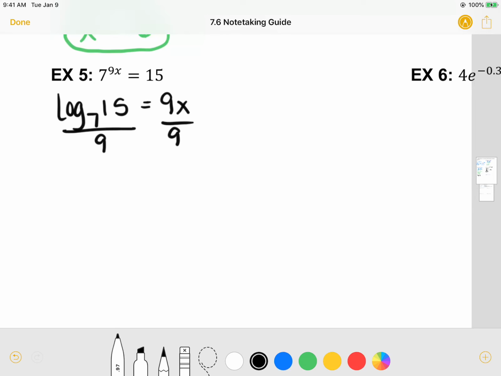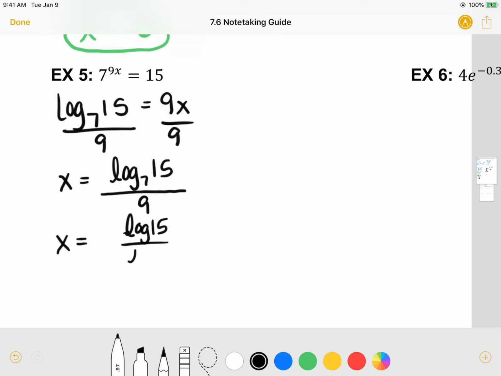So now x is equal to log base 7 of 15 all divided by 9. And in order to plug this into your calculator, we need to rewrite the numerator so that we have a common log. So let's just use common log base 10, and we'll rewrite it as the log of 15 divided by the log of 7, and that's all going to be divided by 9.